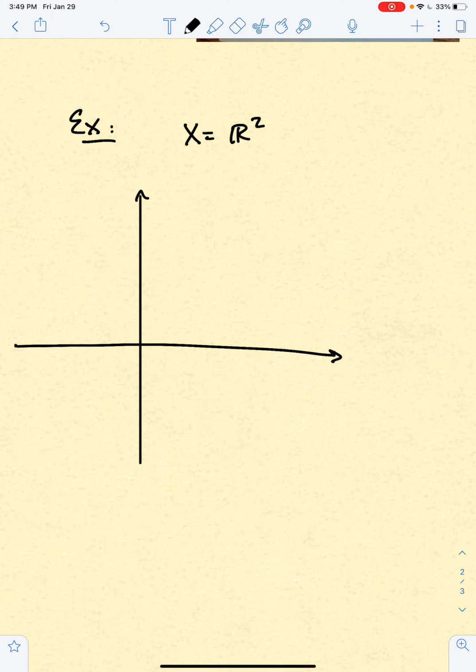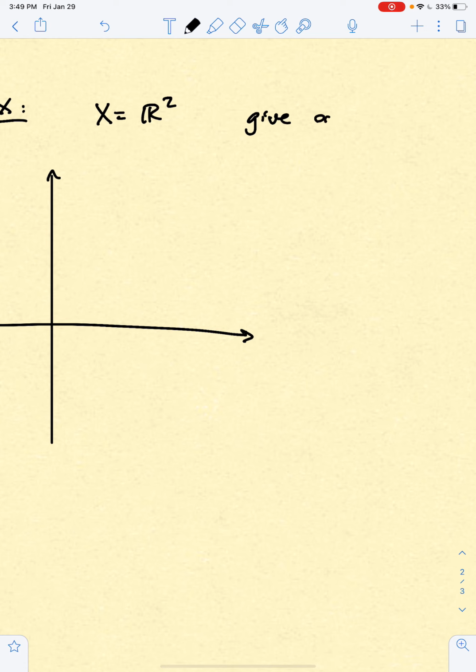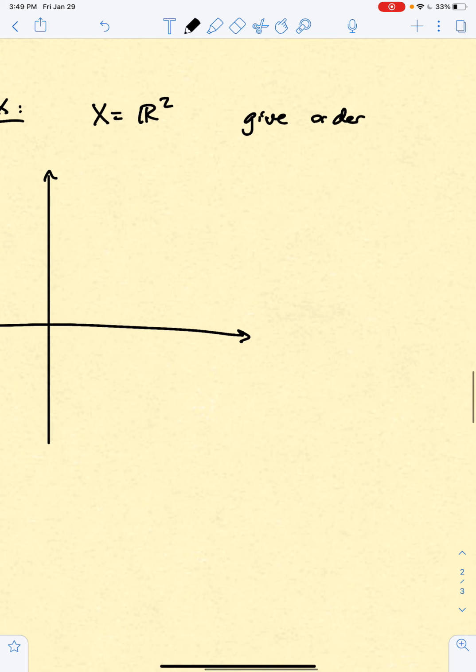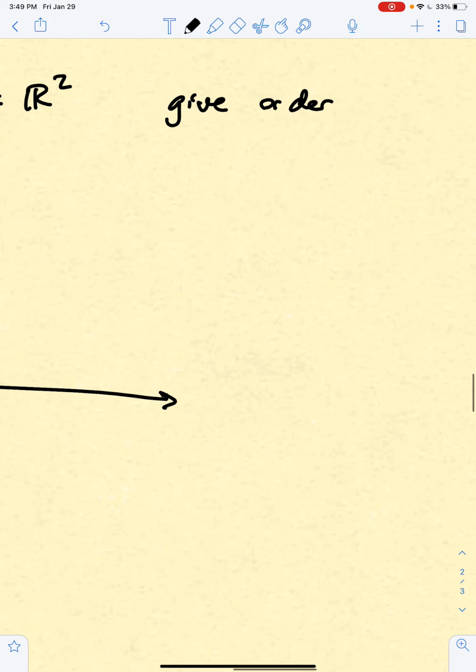So we saw we can have a basis consisting of open balls or a basis consisting of open rectangles. But I'm going to define an order on this set, which then means it naturally has an order topology. So I'll give this order, this is called the lexicographic ordering, or the dictionary ordering.